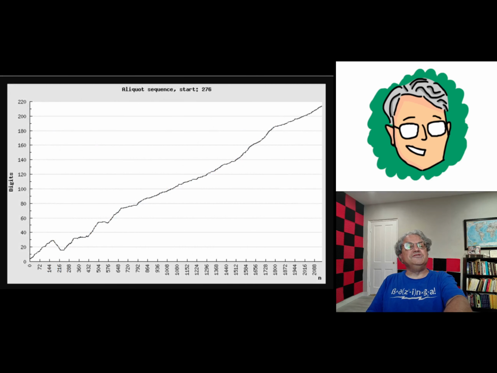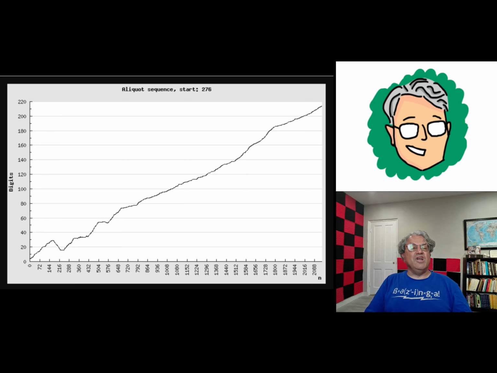But before I finish, I think I should mention one more thing. Like I said, Aliquot sequences have been studied for a really long time, and it's not known whether every Aliquot sequence either terminates or ends in a cycle. The smallest value n for which the fate of the Aliquot sequence is not known yet is 276, which happens to be twice 138.